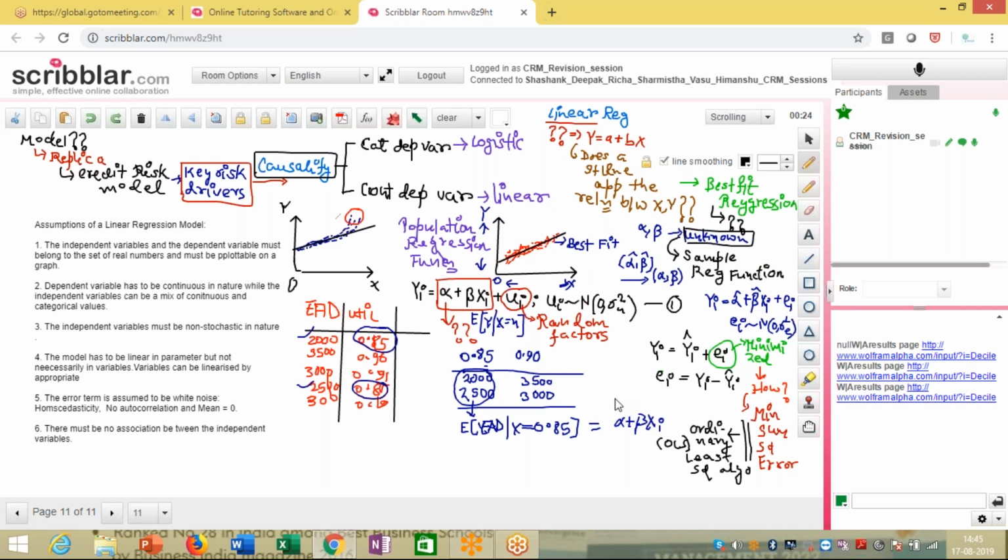Now this is another important question which comes in credit risk modeling interviews. They ask you what exactly is the ordinary least square estimation, right? So this is something that we need to understand. In today's discussion, we will see how this ordinary least square estimation is conducted, how these errors are minimized, and so on.